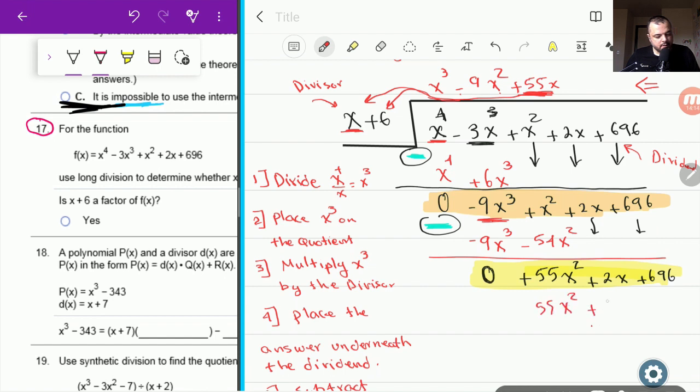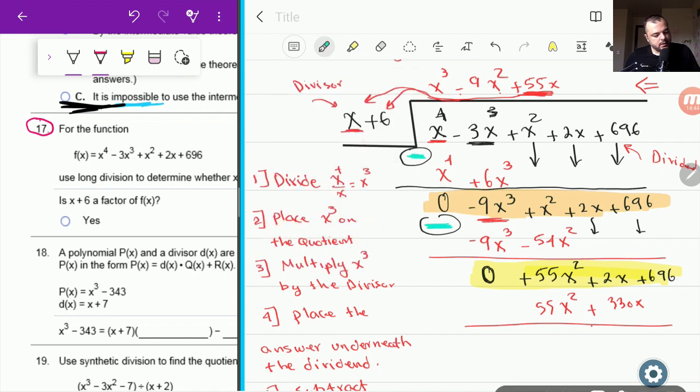And here, 55 times 6 is 330x. After that, we are going to subtract.